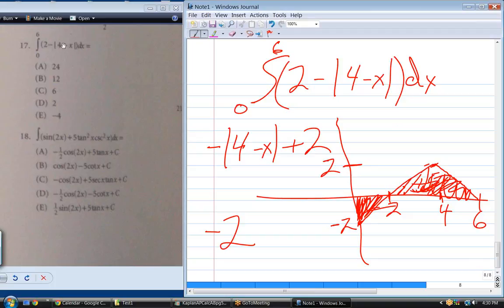There is another way to do this problem, and that's to eliminate the absolute value signs and do it in 2 parts. In other words, I could eliminate the absolute value signs and integrate from 0 to 2 to get the lower left triangle, and then do the second integral from 2 to 6 of the different function. In other words, when I eliminate the absolute value sign, that changes that function.